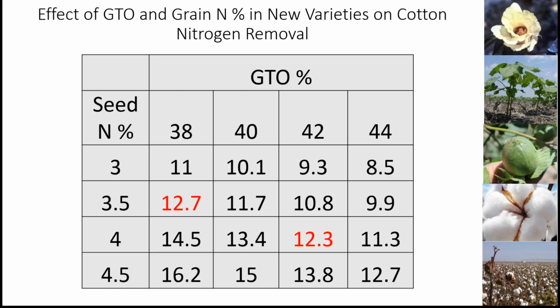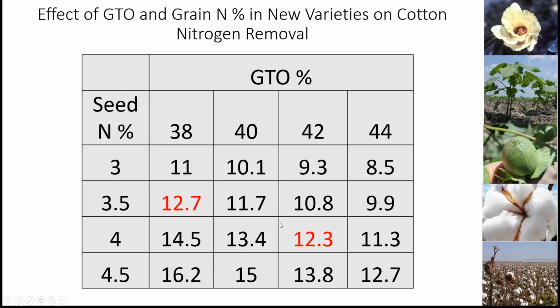We get asked about new varieties and nitrogen removal. This is a representation of what has happened with the new smaller seeded varieties. With the old ones at 38% turnout and 3.5% nitrogen, having a removal around 13, and the new varieties at 4% nitrogen and 42. Probably not a lot has really changed.